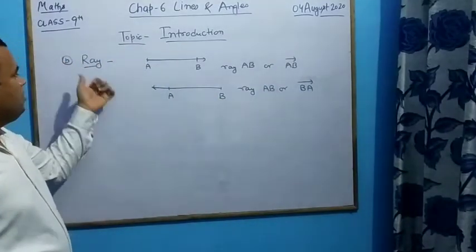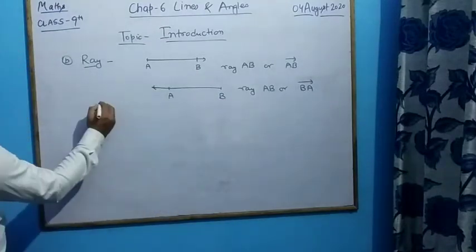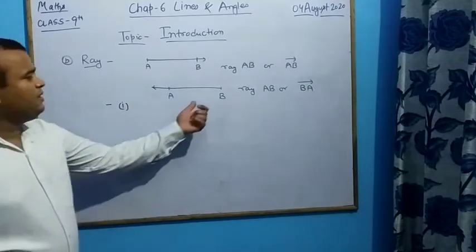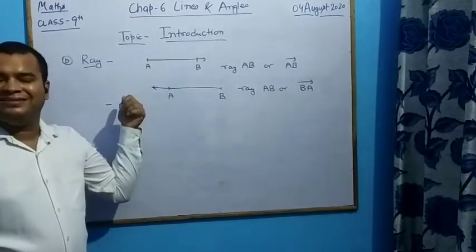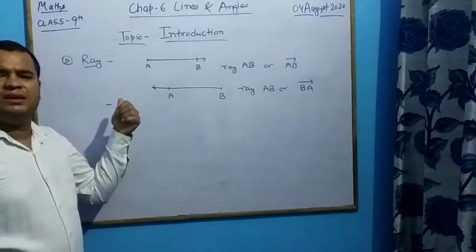So this is the representation of a ray, and what are the properties? As we can see, it extends in only one direction.